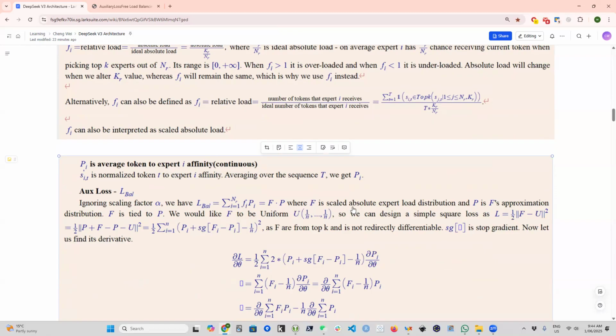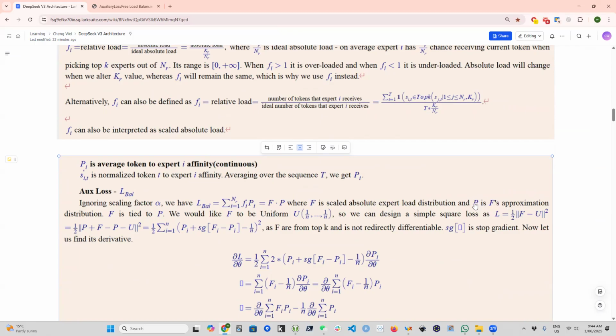F is the scaled absolute expert load distribution. And this is multiple F together, and this is multiple P together. P is the approximate distribution. No, P is F's approximate distribution.